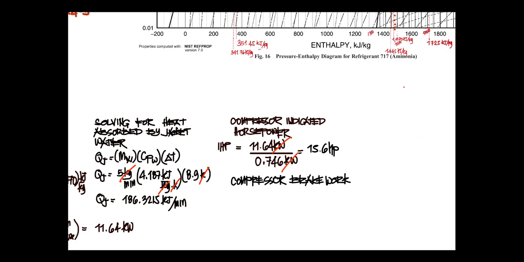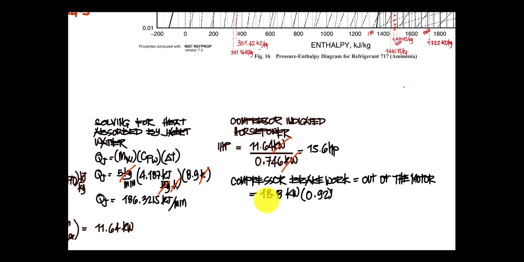To get the mechanical efficiency, we need to determine the compressor brake work, which is equal to the output of the motor. The given input of the motor is 18.8 kilowatt, and we multiply this by the motor efficiency, which is given as 92%.